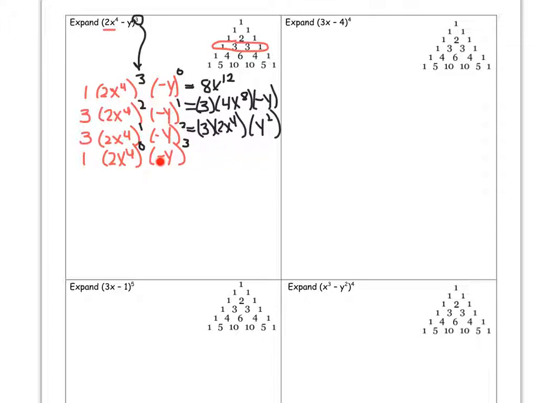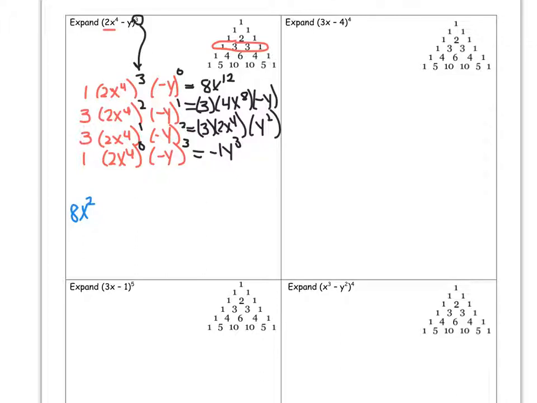So negative y is the same thing as saying negative 1. So negative 1 to the third is negative 1, y to the third. So let's put it all together. So the first term, 8x squared, is just 8x squared. Now the second term is 3 times 4 times negative 1, which makes negative 12.